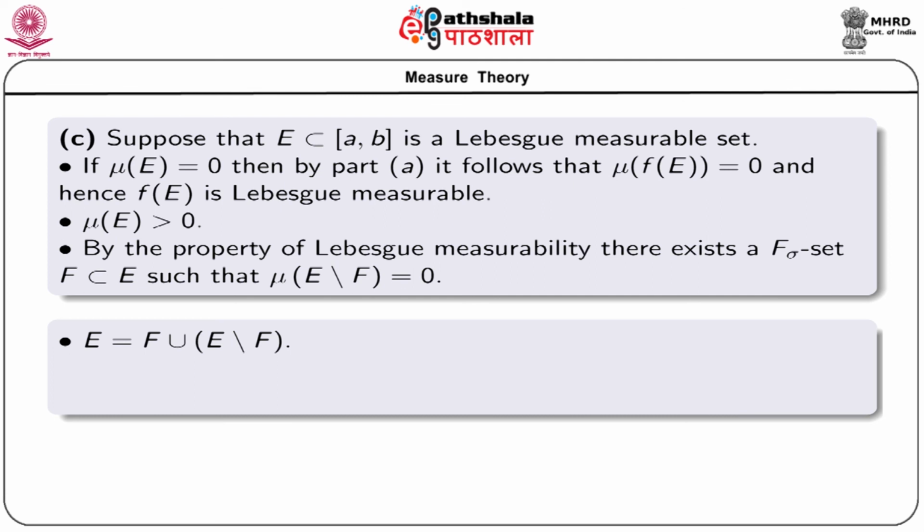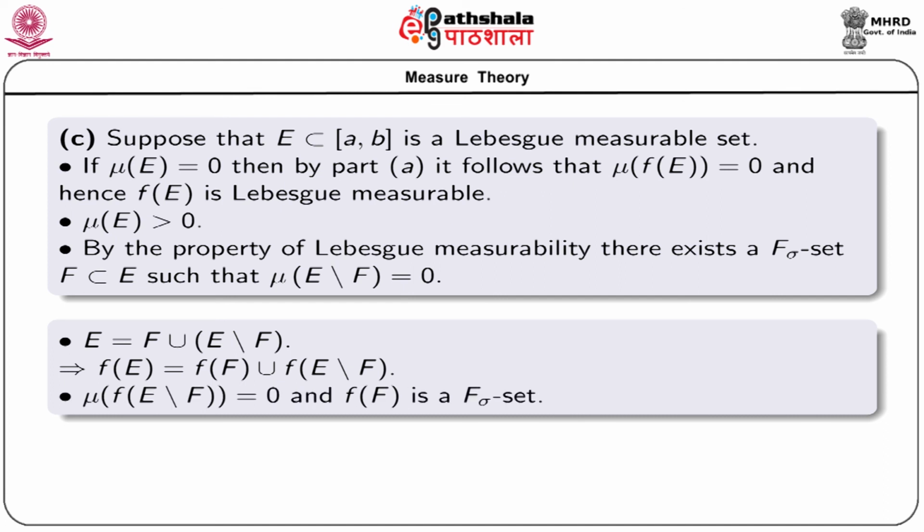But now see that we can write the set E as the union of two sets, F and E minus F. Consequently, f(E) is the union of two sets, f of capital F union f of E minus F. Now, since E minus F is a set of Lebesgue measure 0, by part A, f of E minus F also has Lebesgue measure 0, and by part B, since capital F is an F sigma set, f of capital F is also an F sigma set.